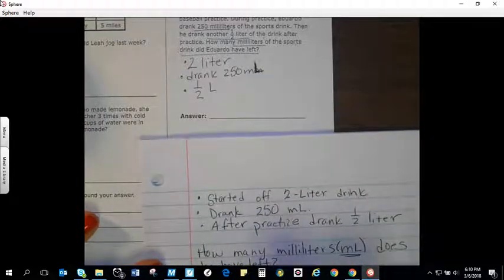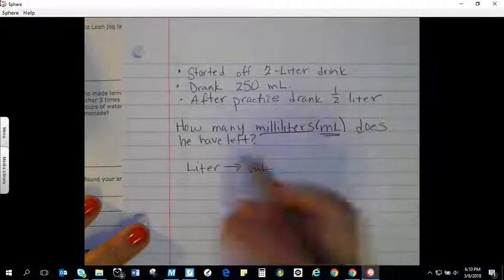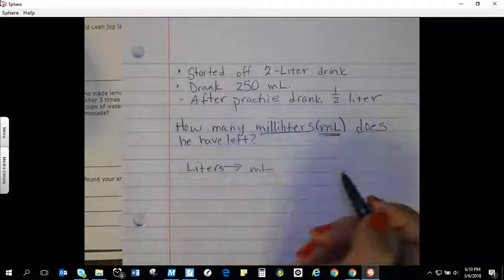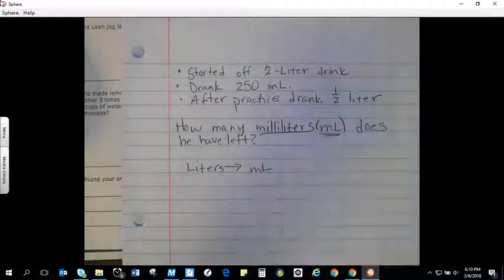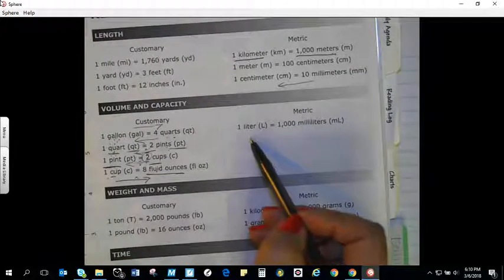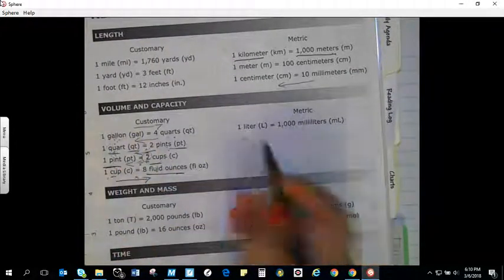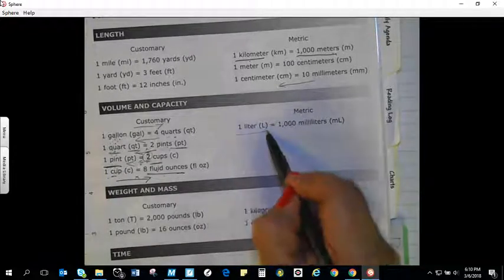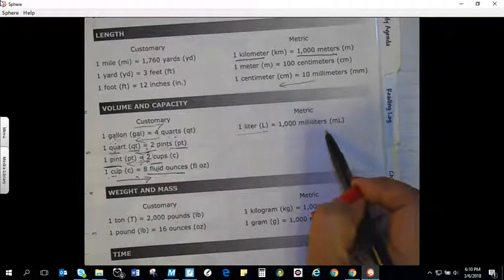Okay. All right. So since I'm needing to convert those, I need to go from liters to milliliters. So you can't see that. I'm sorry. Need to go from liters to milliliters. Okay, so I'm going to come over here. You see here, for volume and capacity, for every 1 liter, it's 1,000 milliliters.